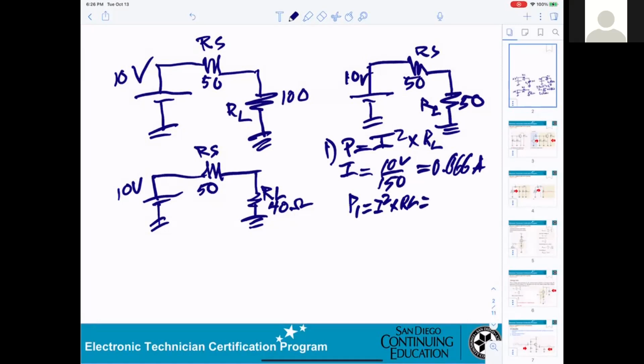I squared, so this will be squared. Is it 4.4? 0.4, right? I got 4.4. 0.3.4. I get 4.4.